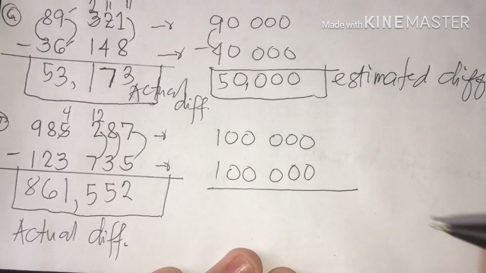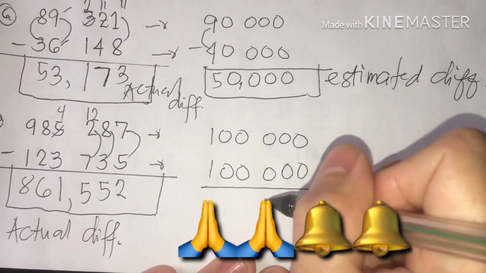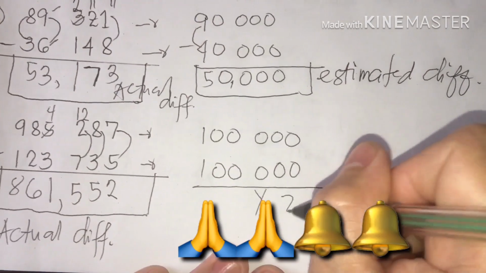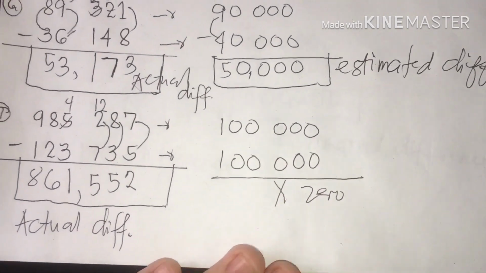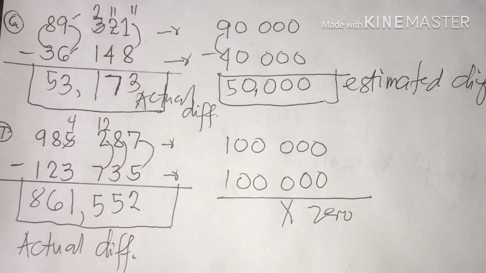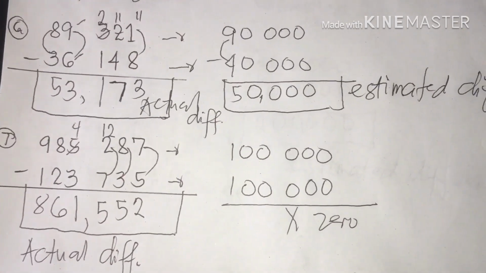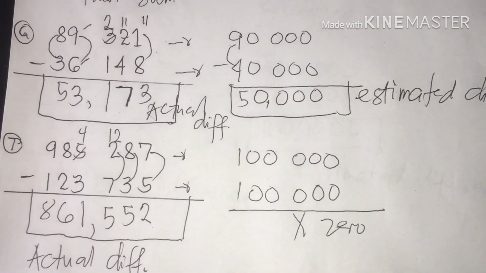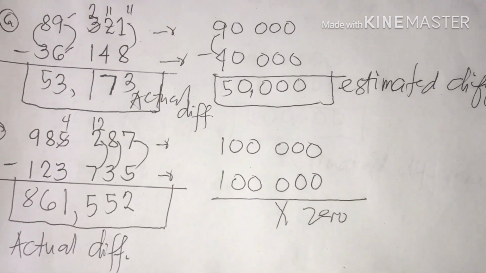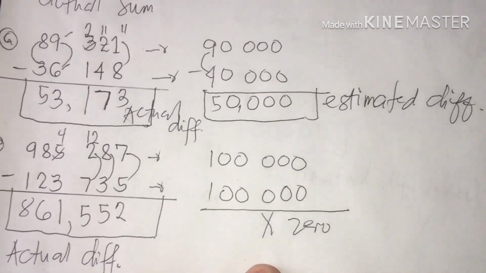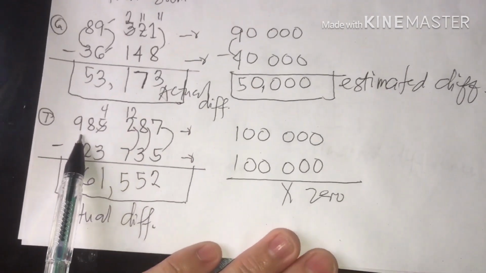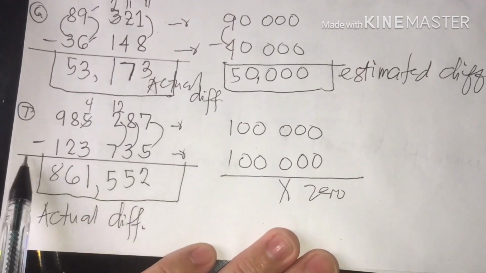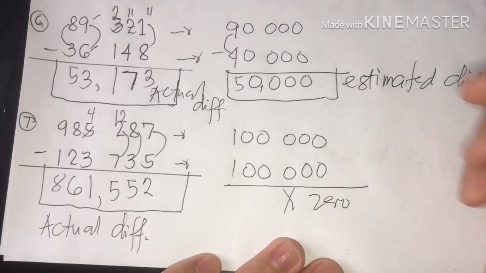So in order to find another way, because this is 0 actually, we have another way to estimate it in order to find the actual difference between the given questions. So since 985,287, our subtrahend is 123,000.